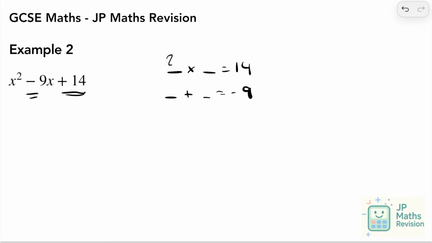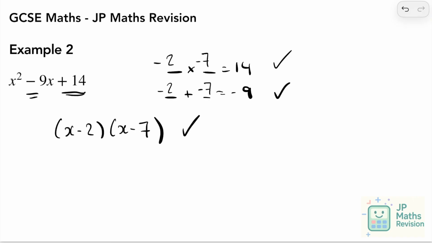But if I take 2 and 7, we need to get to minus 9. If I made this a minus 2 and this a minus 7, I would have minus 2 minus 7, which is minus 9. But I'd have to do the same to the top one. So minus 2 times minus 7 is also 14, because two negatives make a positive. So I'm going to have x minus 2 and x minus 7, and that is the answer.